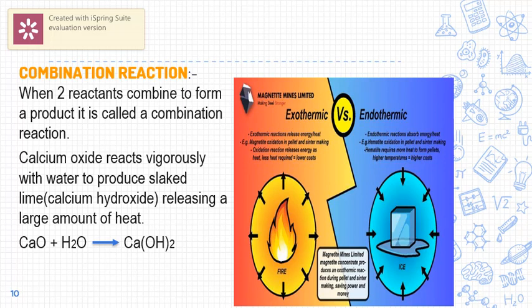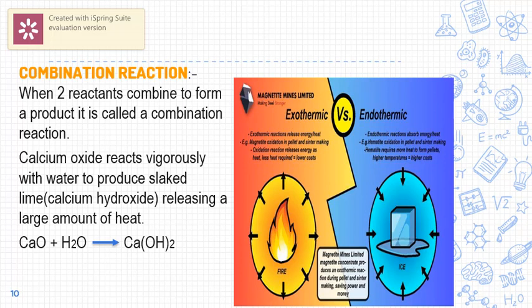Now you can see on the slide one more example, a picture I have selected from the industry to explain the difference between exothermic and endothermic reactions. In chemistry, heat energy is the most common energy.